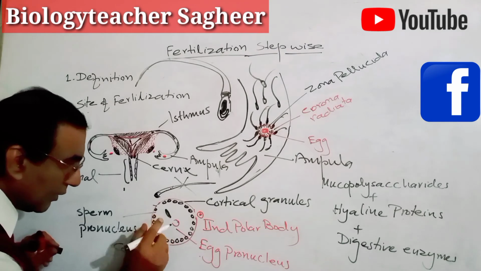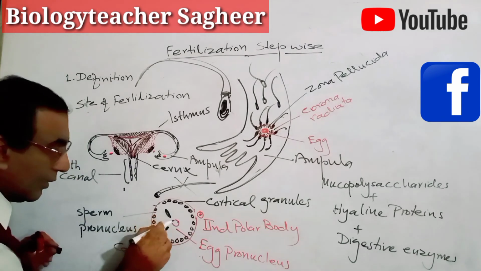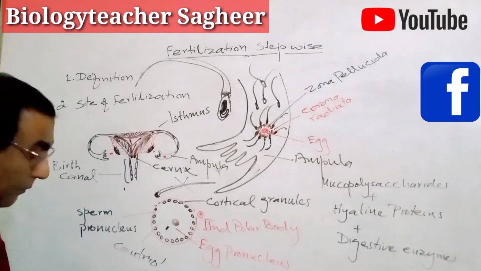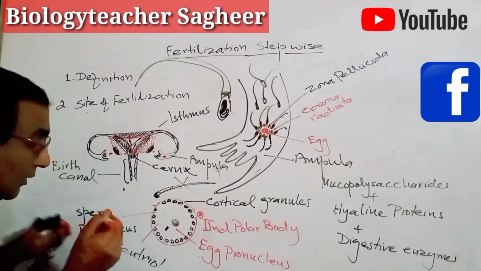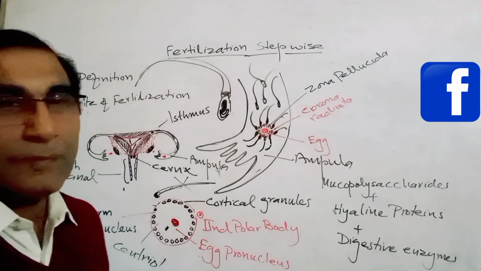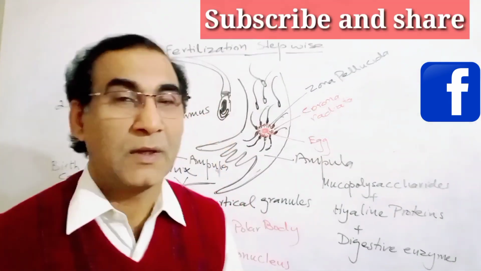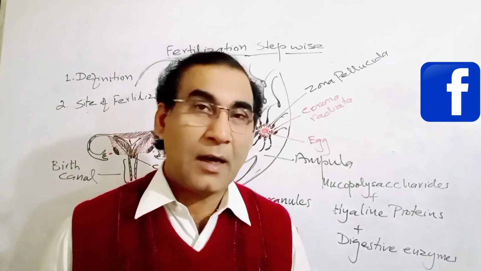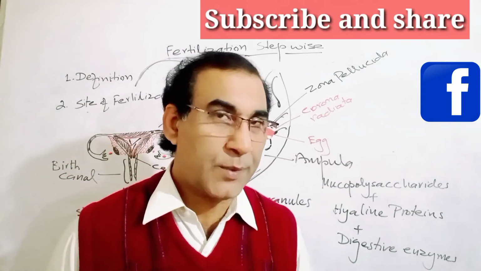It would be diverted, and here the fusion of male and female chromosomes takes place, and this is the beginning of the next individual, the issue or the offspring.